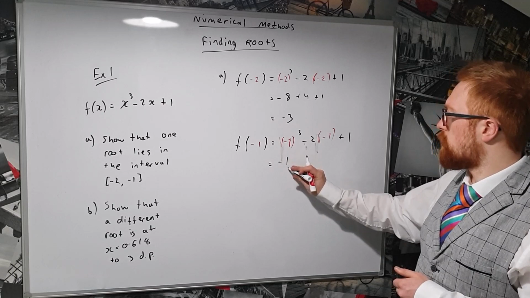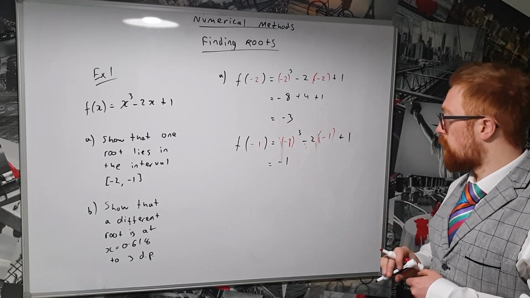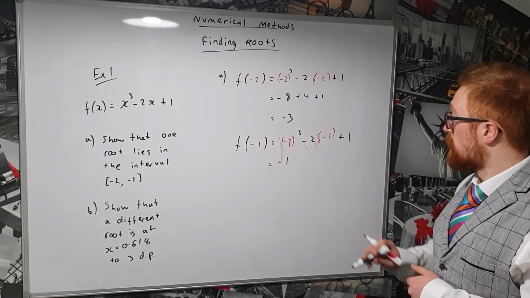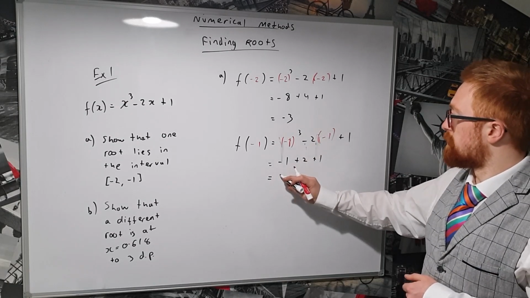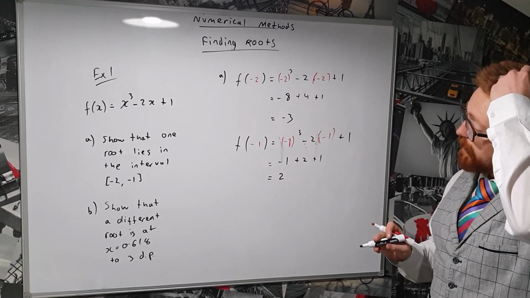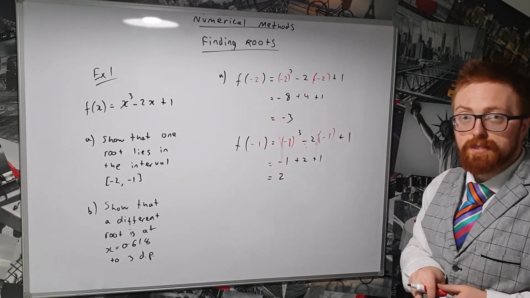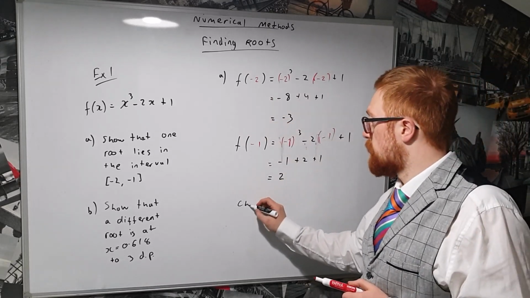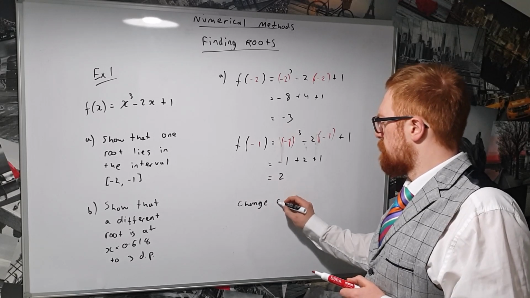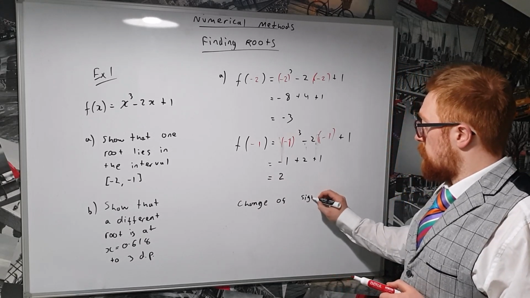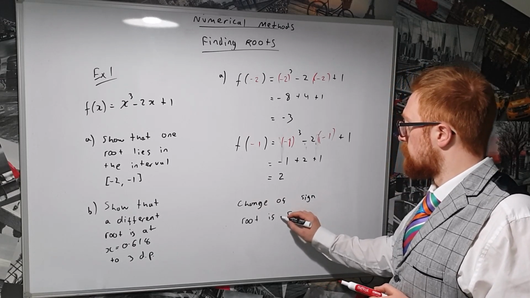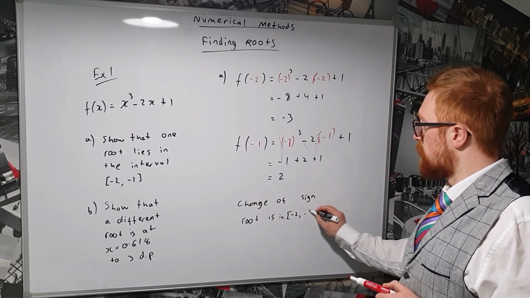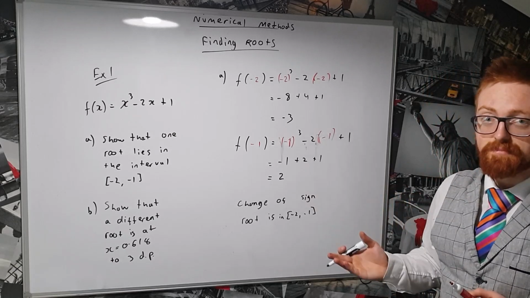Minus 1 cubed is minus 1, minus 2 times minus 1 is positive 2, and then plus the 1, that gives me positive 2. Now the curve has gone from being negative to positive, so there's been a change of sign. So the root is in the interval [-2, -1]. Easy as that.